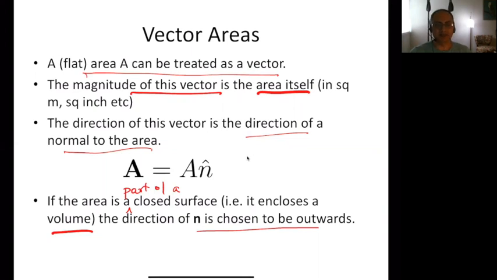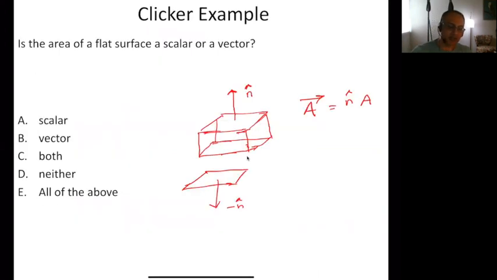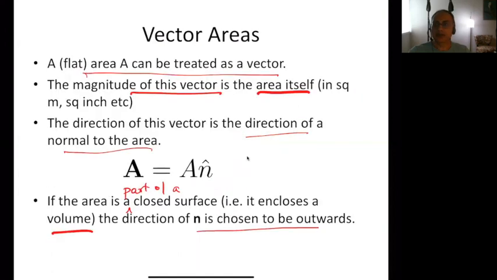That makes sense? Coming back to this square, if I wanted the direction of the area of this face, I would choose this normal, not the one that goes into the volume. And the direction of this bottom face would be like this. So if your area is part of a closed surface, you always want to choose the normal that points outwards. That makes sense? All right.